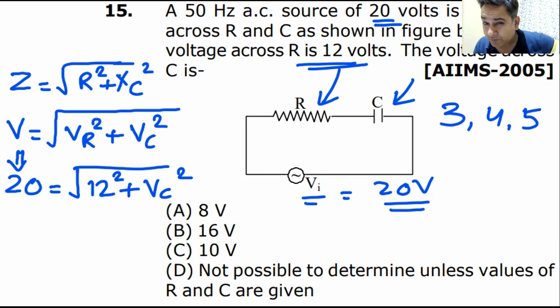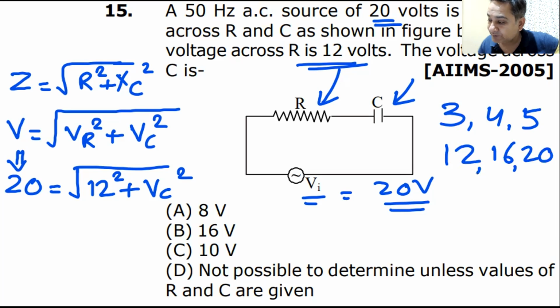If I multiply all by 4, 12, 16 and 20 will be Pythagorean triplets. I can see 20 here. I can see 12 here. You have the answer. Questions are always made in such a way that somehow they come to this Pythagorean triplet.